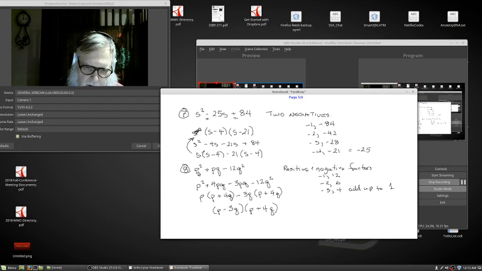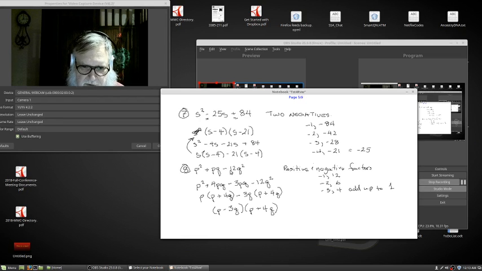And then for our last one, we have p squared plus pq minus 12q squared. Since the coefficient of our leading term, the p squared, is 1, we don't have to multiply the first term and the last term.